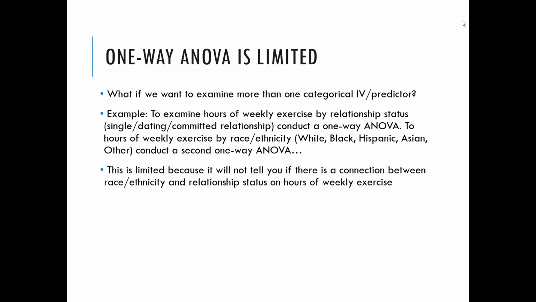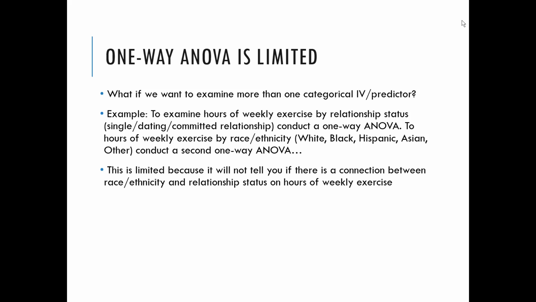So now we have these 2 independent categorical variables. If we were to just use a one-way ANOVA, we would look at relationship status and hours of weekly exercise and conduct a one-way ANOVA. And then we would have to do another one-way ANOVA to look at hours of weekly exercise by race, ethnicity.